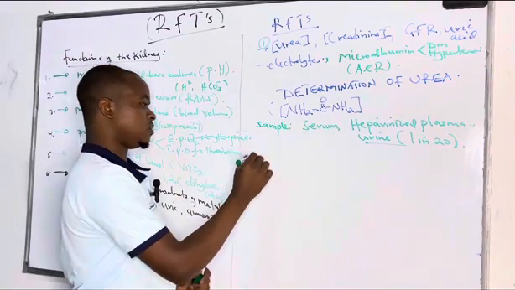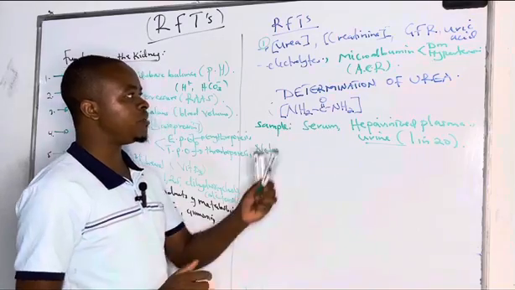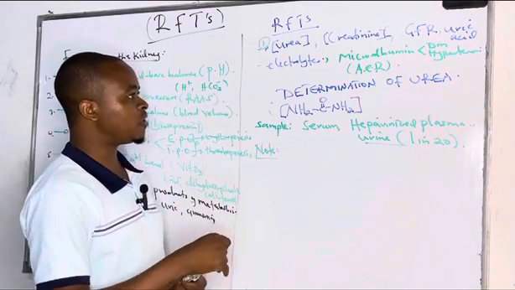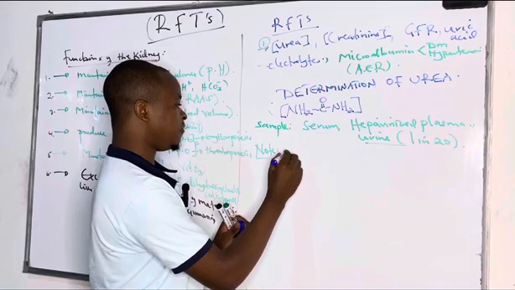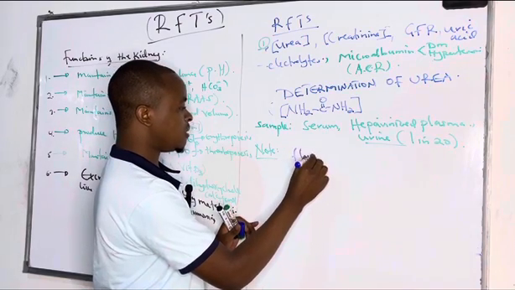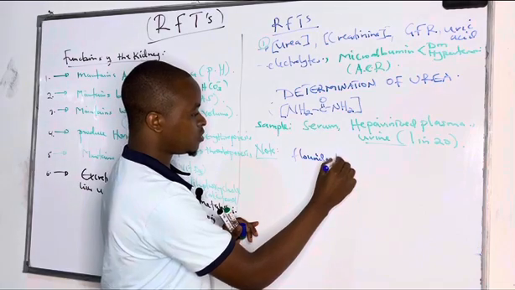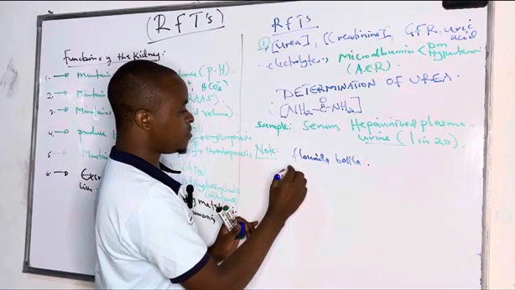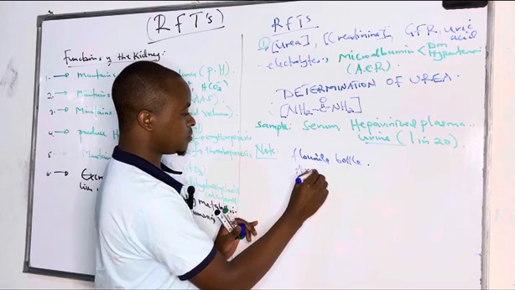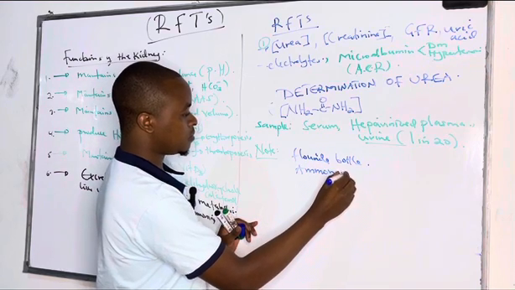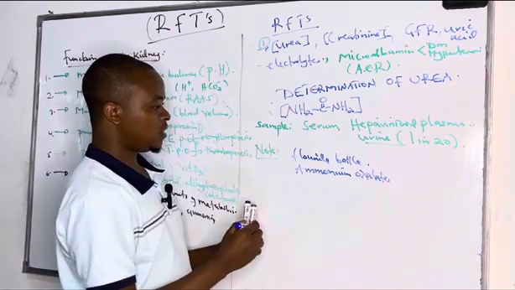And note that the sample to determine urea should never be collected in a sodium fluoride bottle, the fluoridated bottle, and should never be collected in ammonium oxalate bottles. Why?